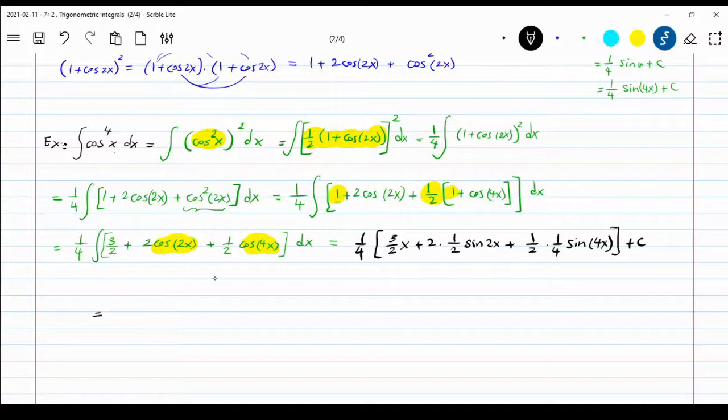The final simplified version of this would be 1/4 times 3/2 x would be 3/8 x plus 1/4 times 1, so you'd get 1/4 sine 2x plus 1/4 times 1/2 times 1/4, that is 1/32 sine 4x plus c.